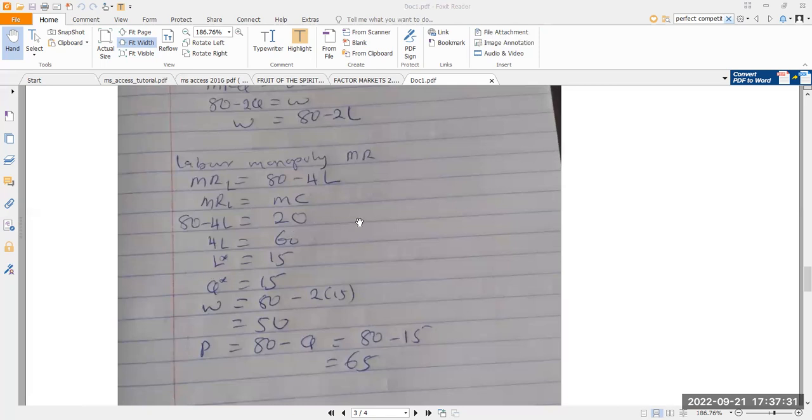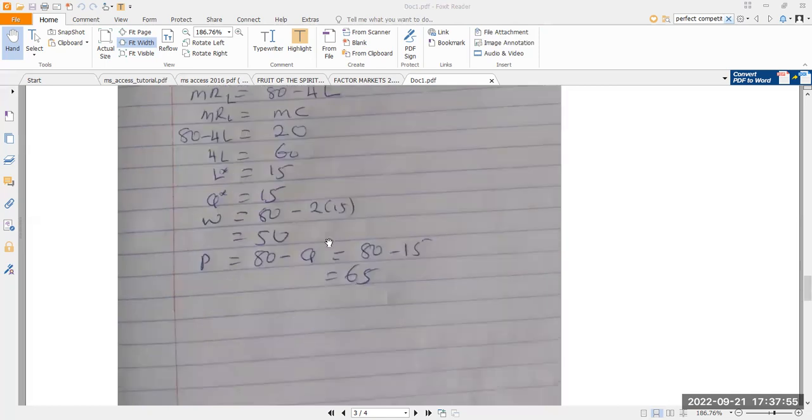And then the monopolists in the output market too also have some level of markup. So the consumer will get hurt twice. That's why price is very high here, getting a price of 65. Is that okay? Yes, sir.